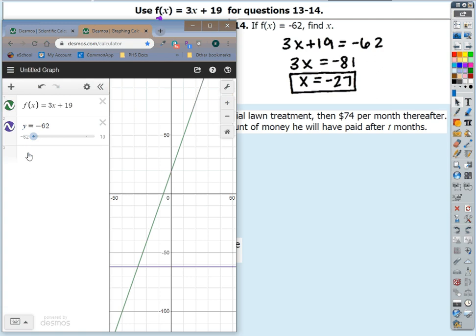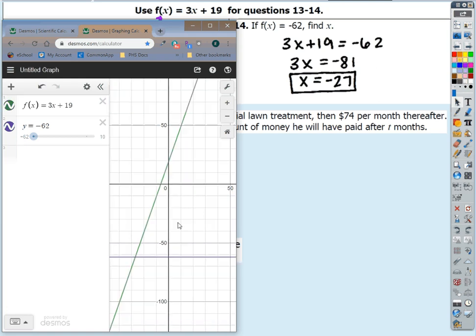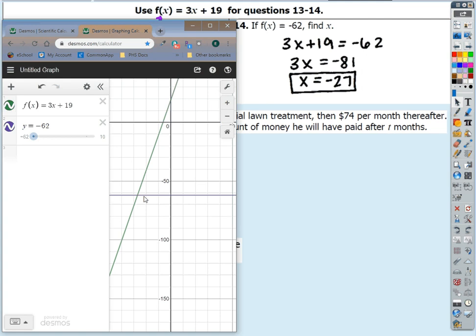If I graph the line y equals negative 62, it's just a horizontal line where the y value of each point is always negative 62. And what am I going to do with those two graphs, do you suppose? See where they intersect. So on Desmos, if I click on either one of them, it's going to make a little gray dot there. If I click on it, it gives me the coordinates of the point of intersection. Let me scoot this up a little bit. I'm going to take a picture of that.